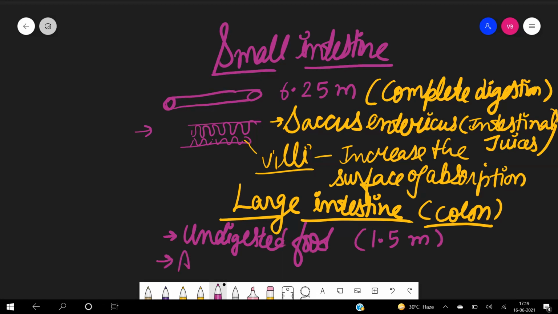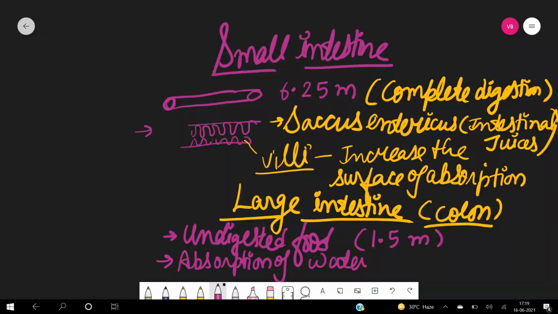Only the absorption of water takes place. Whatever the undigested food is there, only the absorption of water takes place, and it is temporarily stored in the rectum, and finally is removed outside the body through the anus.